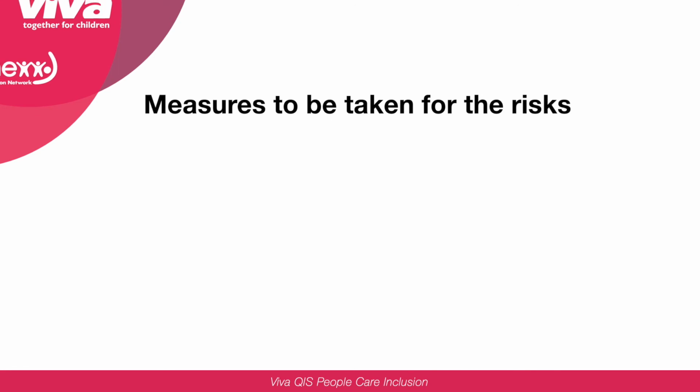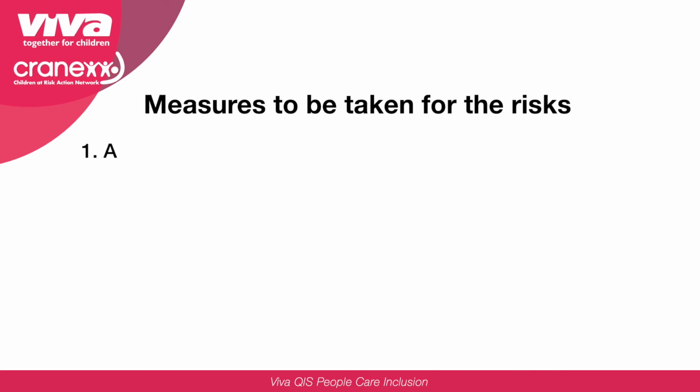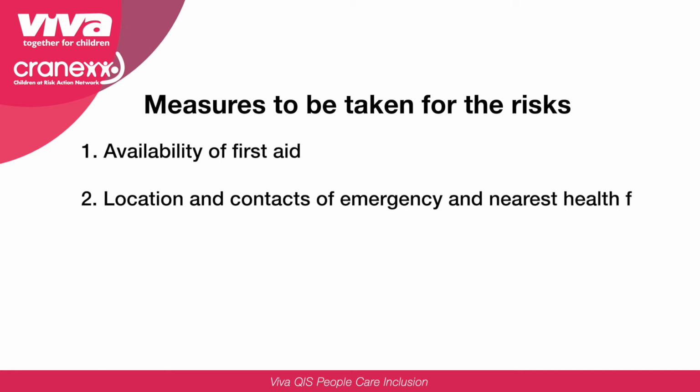Measures to counteract these risks include availability of a first aider, a well-stocked and up-to-date first aid box, location and contacts of emergency and the nearest health facility. Then also, transport should be available 24/7 for such emergencies.